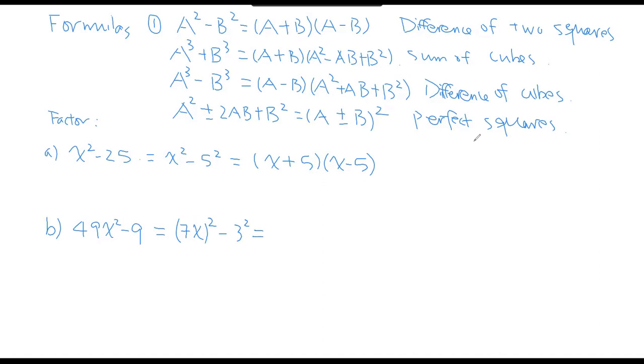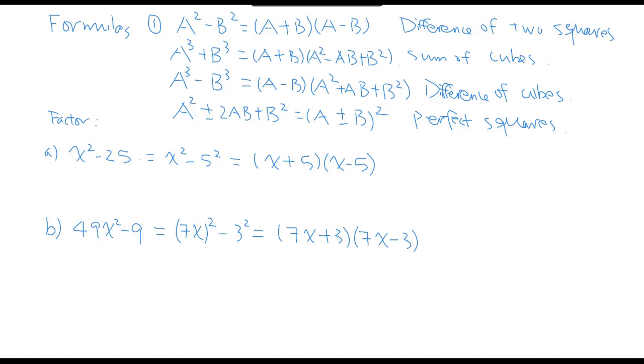So 7x is our a and 3 is our b. By using the formula, you have 7x plus 3 times 7x minus 3. Okay, so this is about the difference of two squares.